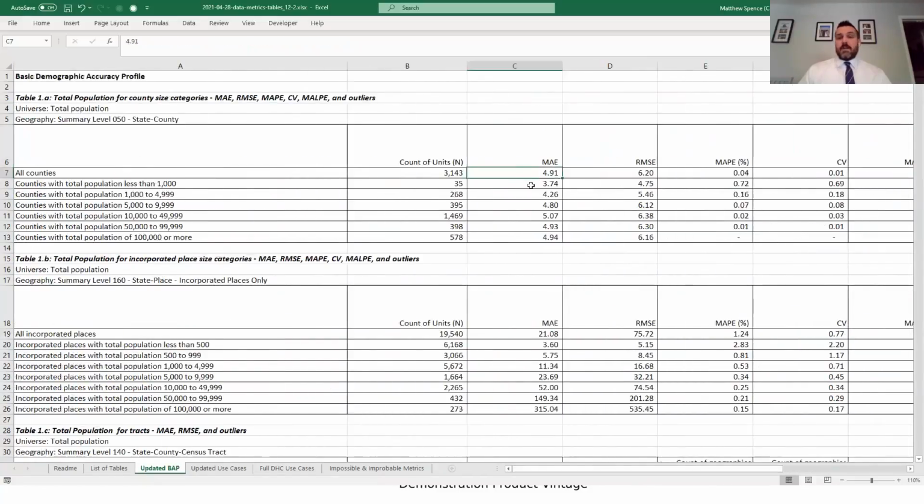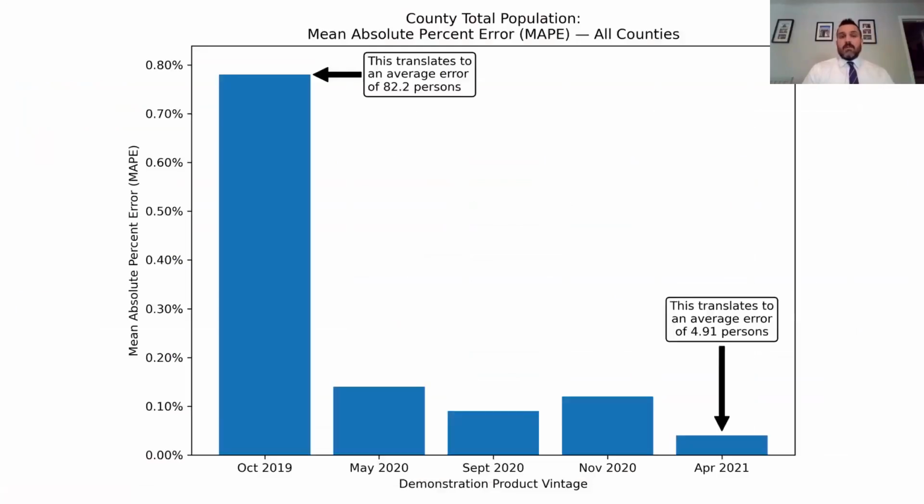Now, one feature of these detailed summary metrics is that you can easily get a sense of how accurate the data were for this particular run, and you can also use it to compare across runs in the past. So here on the screen, you should see the change in mean absolute percent error. So this is that relative error metric, or MAPE, for county total population.